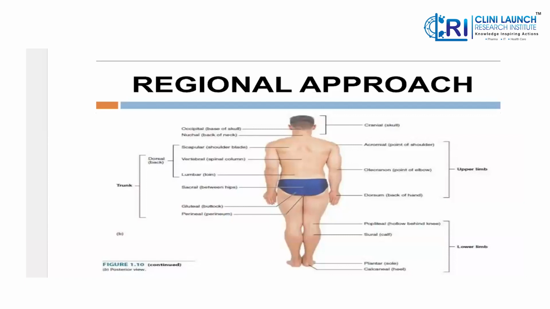Frontal or coronal? Yes, correct. Sagittal is left and right, and transverse is upper and lower, superior and inferior. जैसे स्टमक से कट करेगी ऊपर और नीचे बॉडी को, that is transverse.